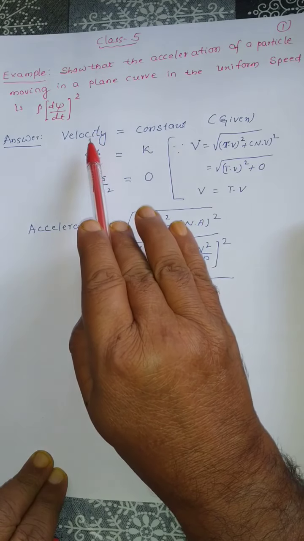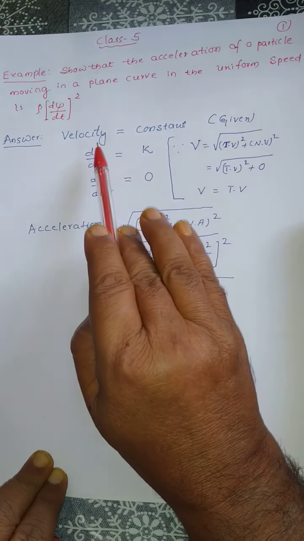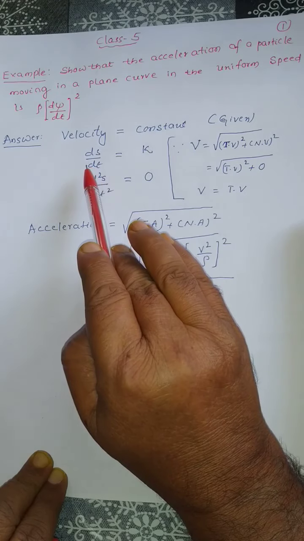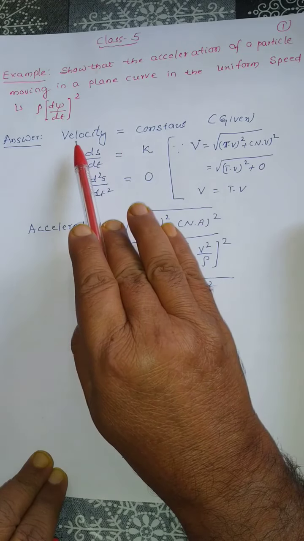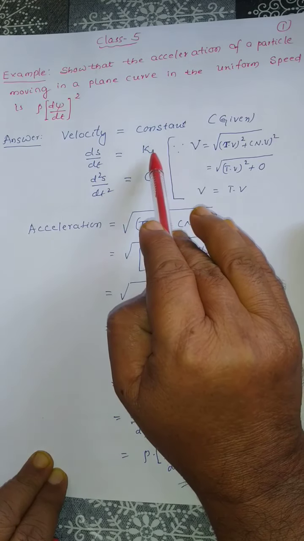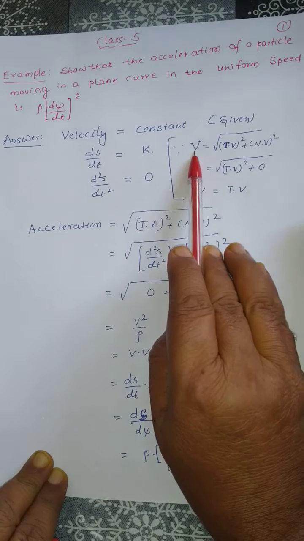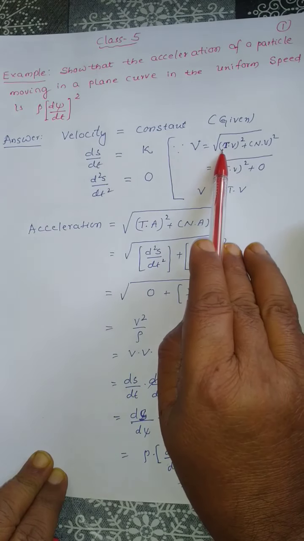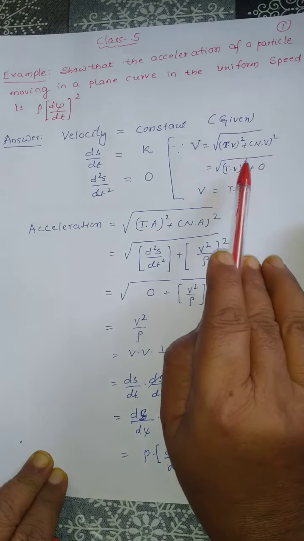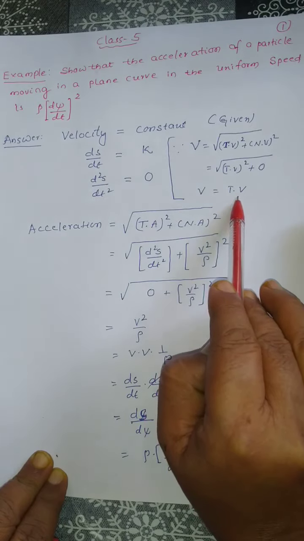So in this topic, velocity means only one velocity, that is tangential velocity, because normal velocity is already zero. So ds by dt is a constant k, the second order derivative is 0, and the velocity is always the root of tangential velocity square plus normal velocity square, whereas normal velocity is 0, therefore velocity is nothing but the tangential velocity.